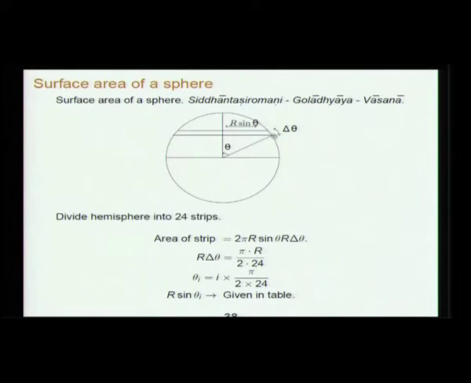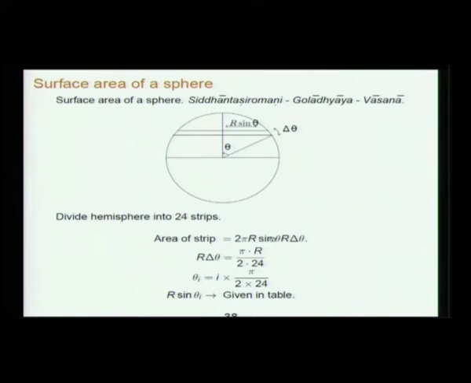With this arc bit, each of them is 90 degrees by 24, and the area of the strip is, in our language, see, the radius is r sin theta, the circumference will be 2 pi r sin theta, into this side r delta theta, you see.